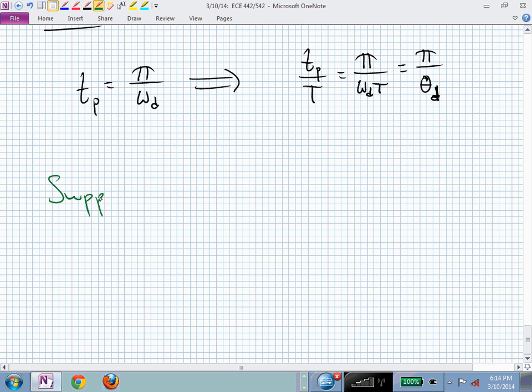Suppose that theta sub d is pi over 10 radians. And if you don't think in radians, but in degrees, then an angle of 18 degrees. And you can sort of draw that on your z-plane.